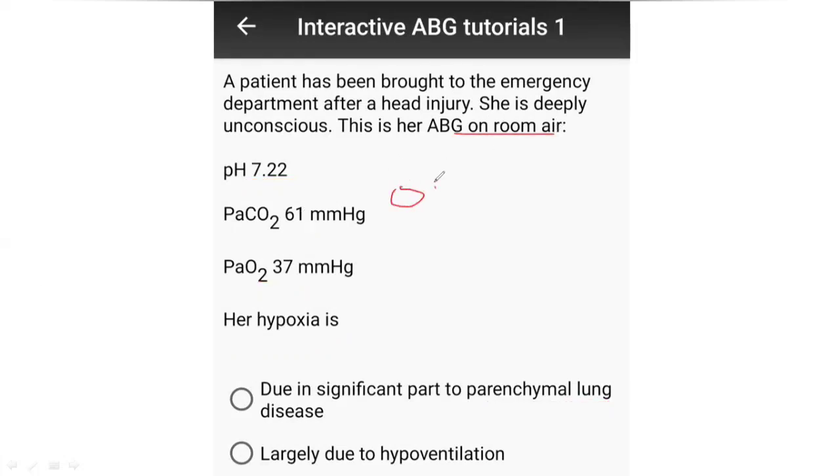Room air means 0.21 multiplied with 713, again minus, now here we have 61 multiplied with 1.25. 36. Okay, now 36 means what? So this is high AA gradient. High AA gradient hypoxemia. So what is that then? 36 means high AA gradient, so is this due to lung parenchymal disease or hypoventilation?